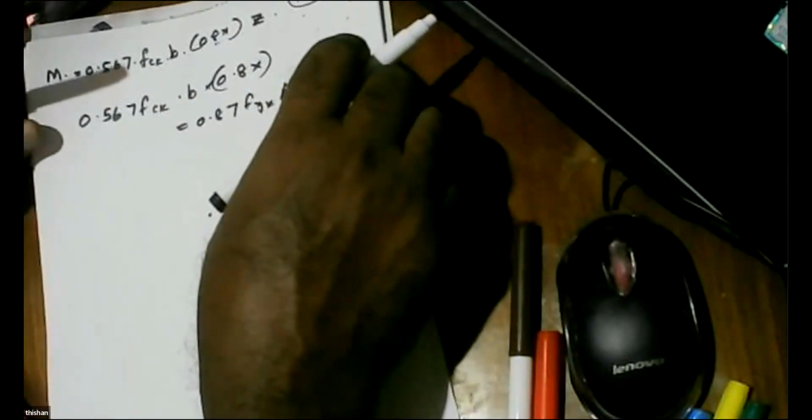M is equal to 0.567 fck B times S, meaning 0.8x, times z. And if you look at the earlier equation, 0.567 fck B times 0.8x is equal to 0.87 fyk As. So these are the important equations.